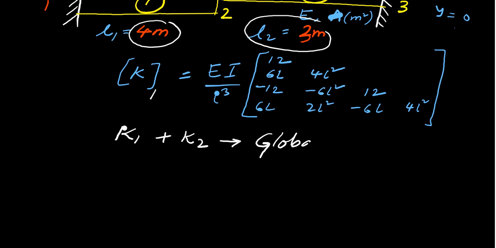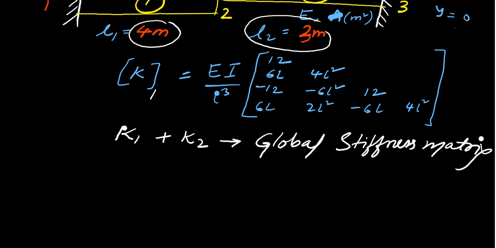Adding the stiffness matrices of both members we call the global stiffness matrix. Okay, there is a procedure to make the global stiffness matrix. I have made a separate video on this, so you can find it in the playlist. After that, we are going to add this using K equal to K1 plus K2.